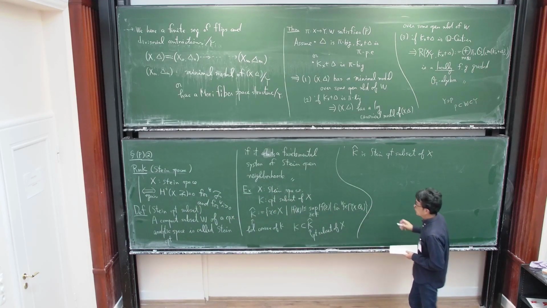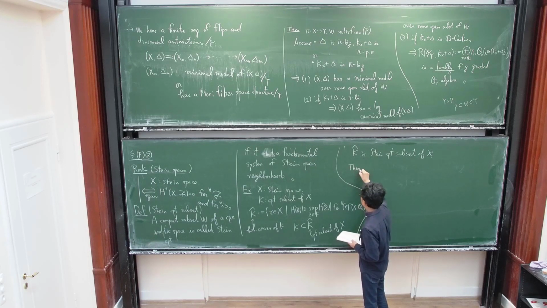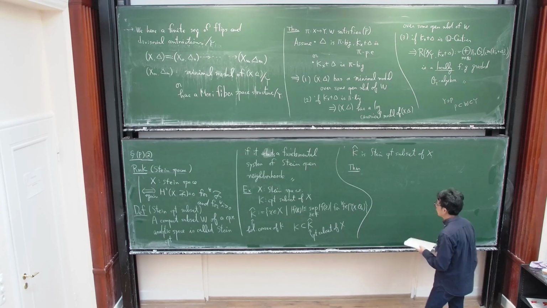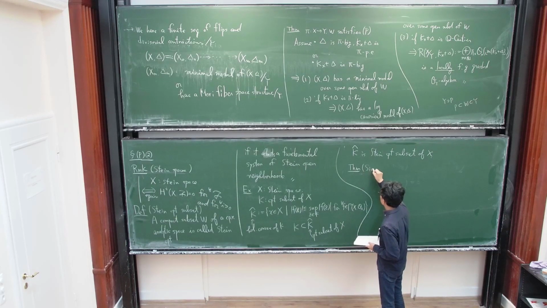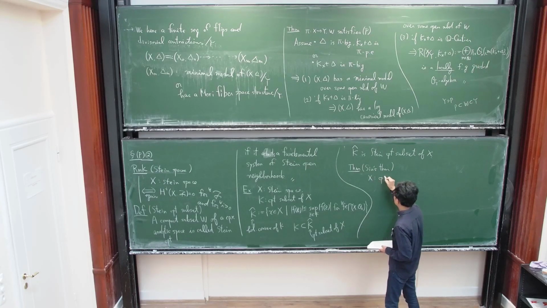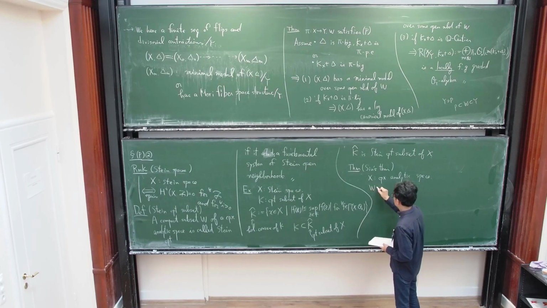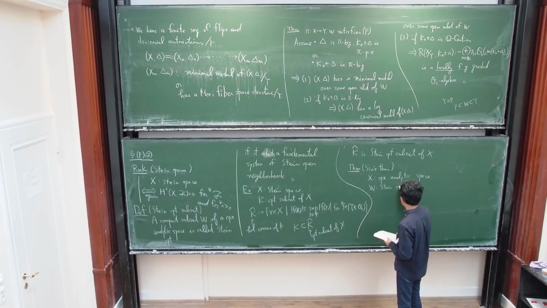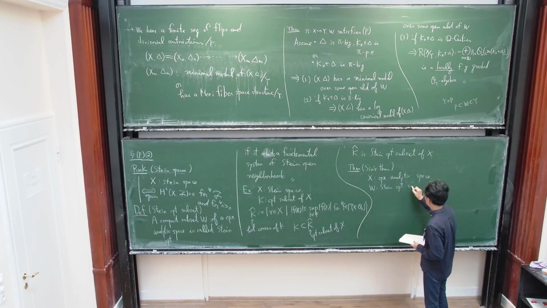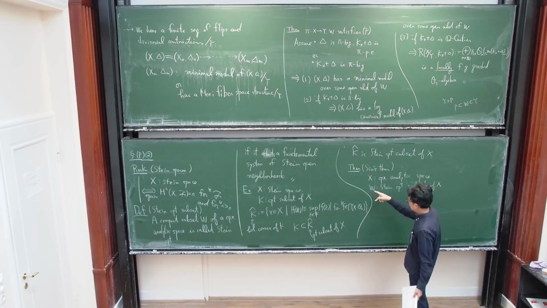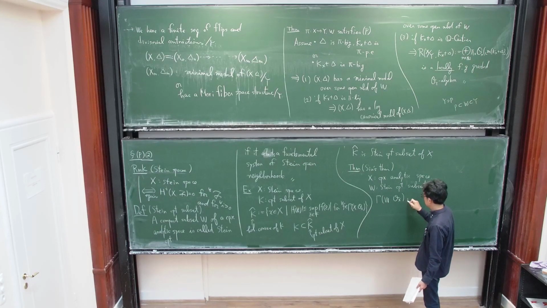And the next theorem is one of the key results in my work. Theorem: X is a complex analytic space, and W is a Stein compact subset of X. In this case, the ring of holomorphic functions on W is Noetherian.